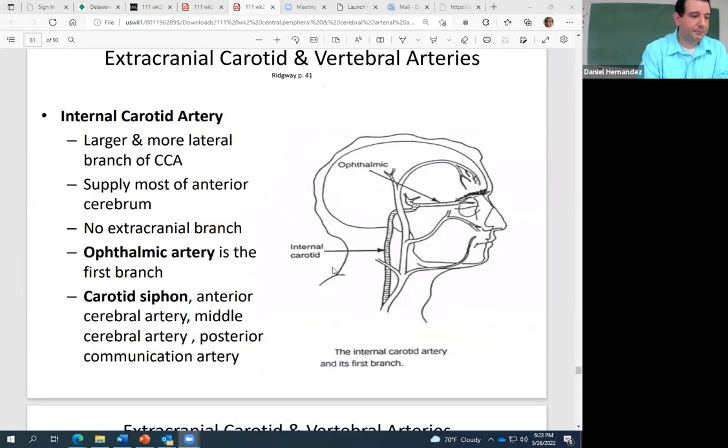Here are just some characteristics for the extracranial carotids. That internal carotid artery, I'll say, typically is larger. Typically, it's more lateral than the external carotid artery. So if I have my head turned to the side, as I'm coming up the neck, if the patient's lying there, the internal carotid artery is going to be more posterior or more lateral.